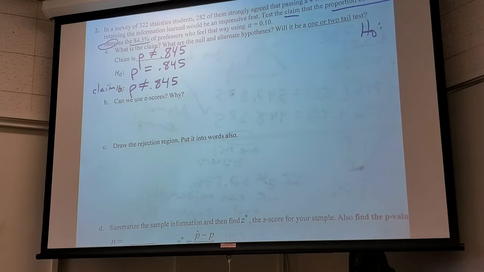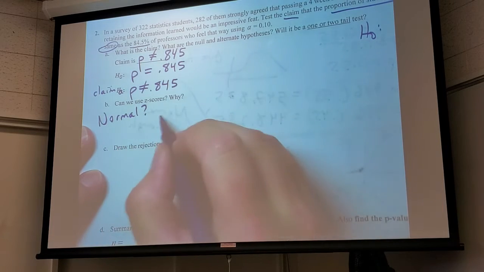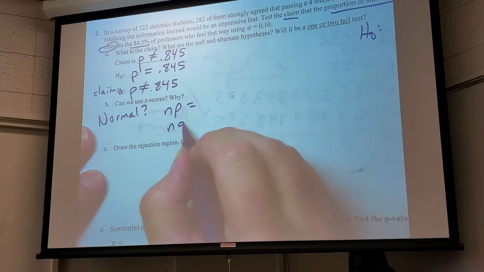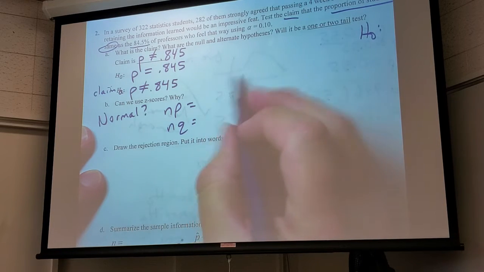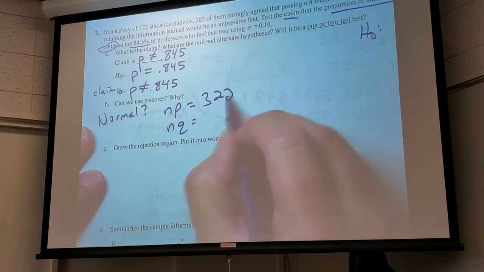So what do I have to check to make sure I can use Z-scores? How do I check to see if it's normal? NP has to be greater than 5. Yeah, NP and what's N? 322. And what's P?